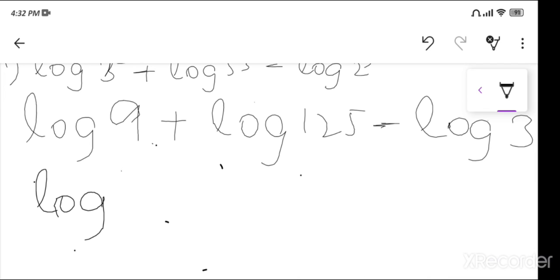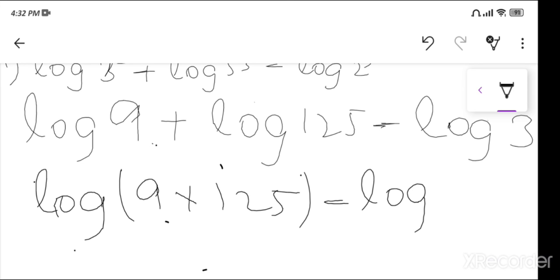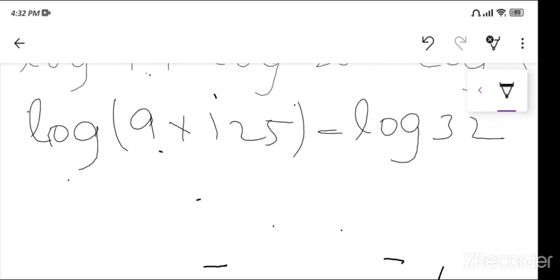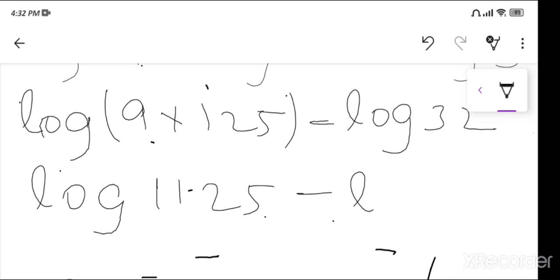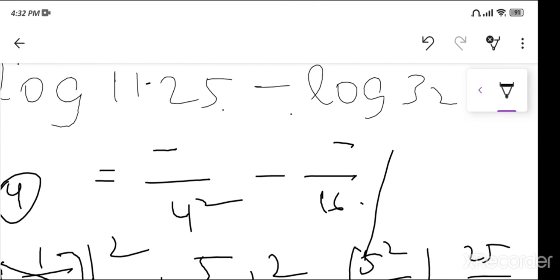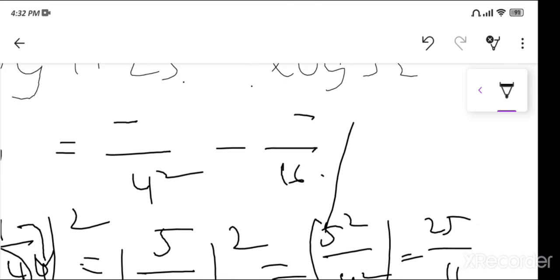I'm going to take the log common and multiply these two things, and put log 32 as it is. So when you multiply that, you'll get log 1125 minus log 32. And oh, I need to rub off this thing.